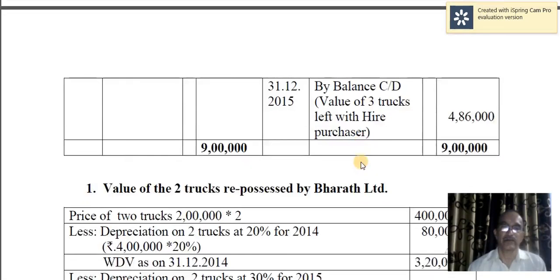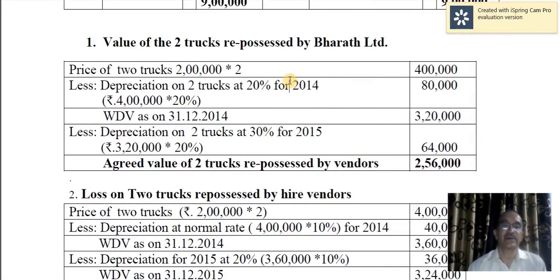Therefore, I have provided some working notes. First we will take the value of 2 trucks repossessed by Bharat Limited. So price of 2 trucks, I mean cash price, 2 lakh into 2, 4 lakh. Depreciation on 2 trucks at 20%: when they were repossessed, they were valued after charging a depreciation of 20%. So 20% on 4 lakhs comes to 80,000.